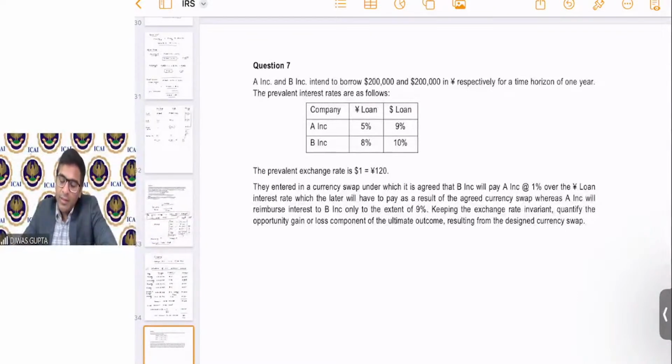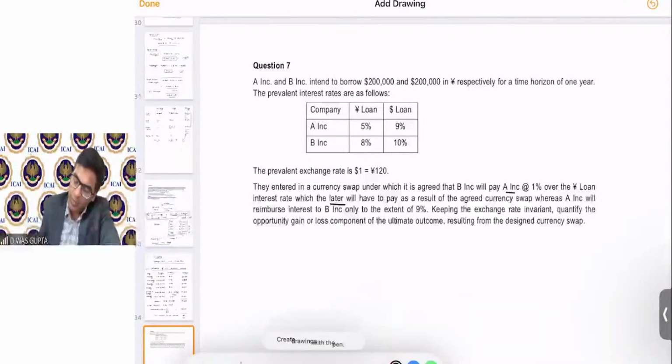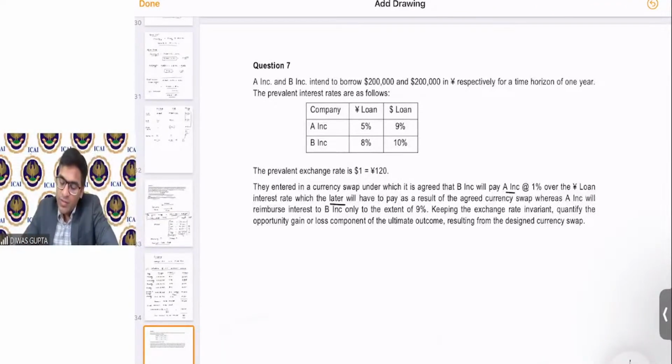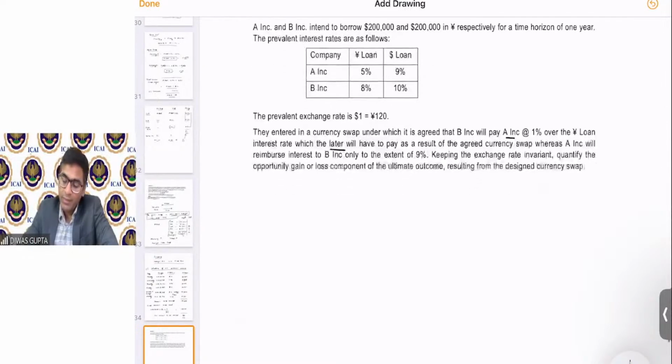They entered into a currency swap under which it is agreed that B Inc. will pay A Inc. at the rate 1% over the yen loan interest rate, which the latter, meaning A here, right? Because A is put in letter, will have to pay as a result of the agreed currency swap, whereas A Inc. will reimburse interest to B Inc. only to the extent of 9%.